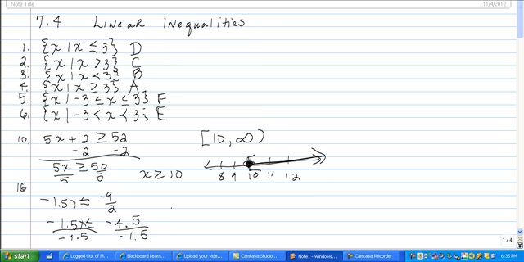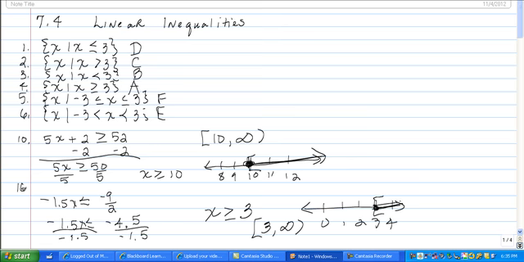We're dividing by a negative, so we have to remember to reverse the inequality, and we get x is greater than or equal to 3. So that would be 3 to infinity, and our graph would be a closed circle or the square bracket and then shade to the right.